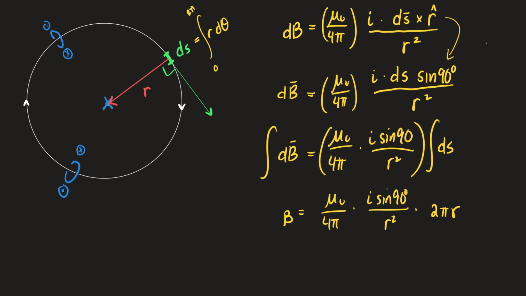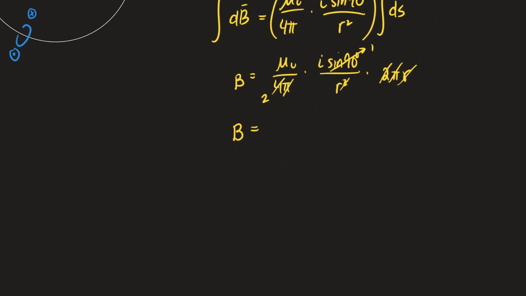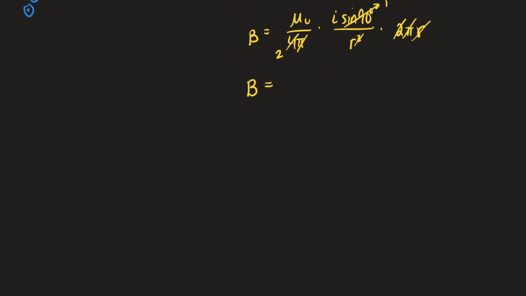All right, sine of 90, 1. r cancels with one of the r's in the denominator. 2 cancels with 4 to give me 2. And pi cancels with pi. So my final magnetic field for the current loop is going to be mu naught I over 2r.